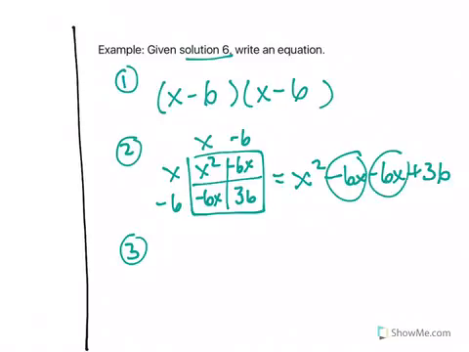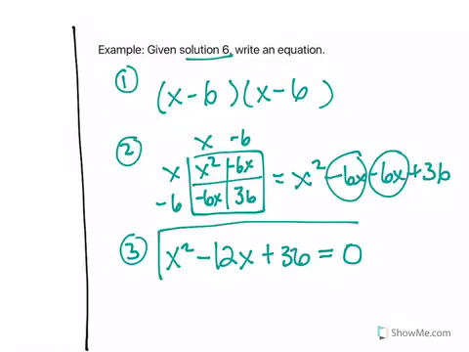Here are only like terms, so I'm going to write x squared minus 12x plus 36 equals 0. There is our final answer, the quadratic equation that we can write with our single solution. That's it.